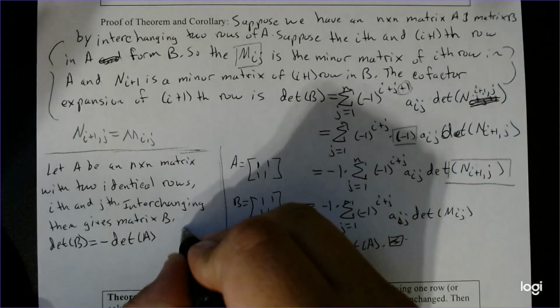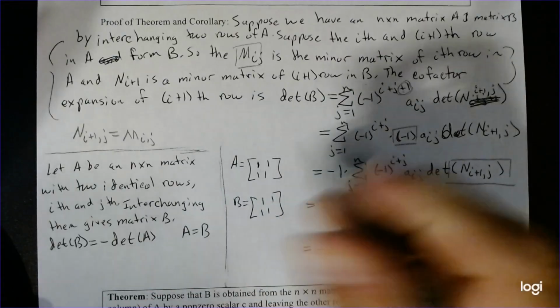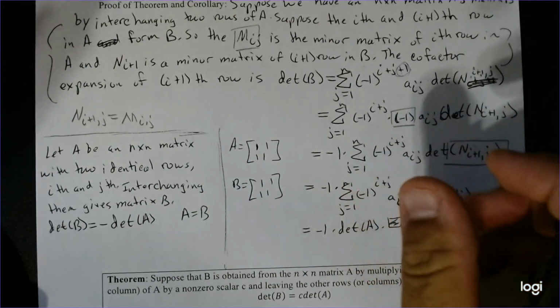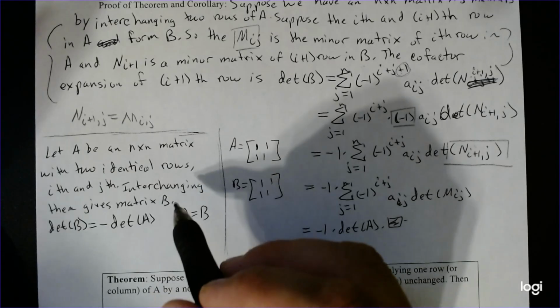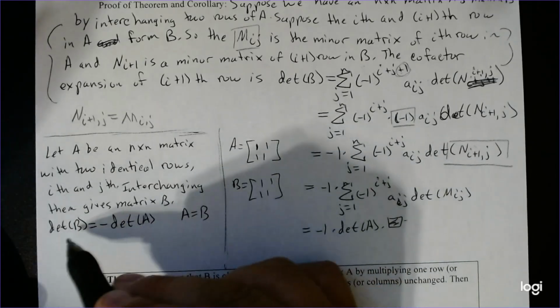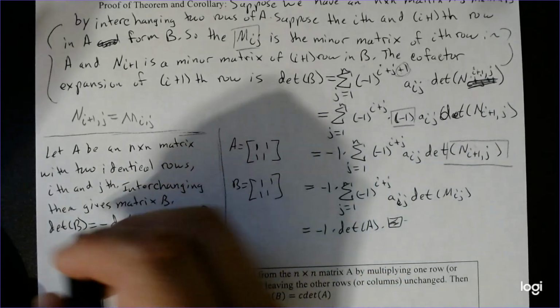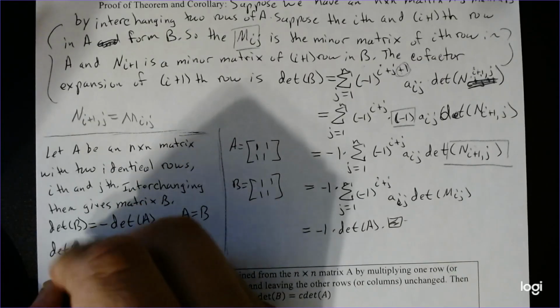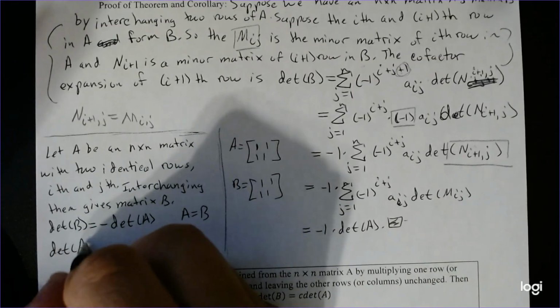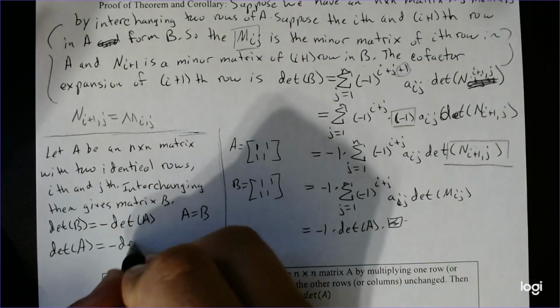So in other words, matrix A actually equals matrix B. Well, if they equal the same thing, that means the determinant of A equals minus the determinant of A.